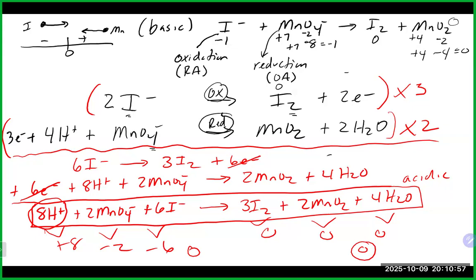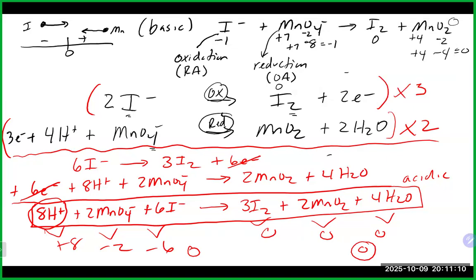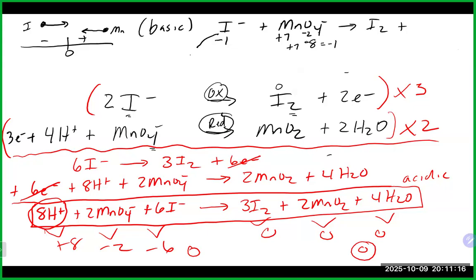Now we were looking for basic, so again, we pretty much just do acidic, and at this point we can now turn this into basic. And I'm just going to erase the top part here and just recopy it up on top. So let's get rid of this here. All right, so we're going to add our OH minuses in this case.